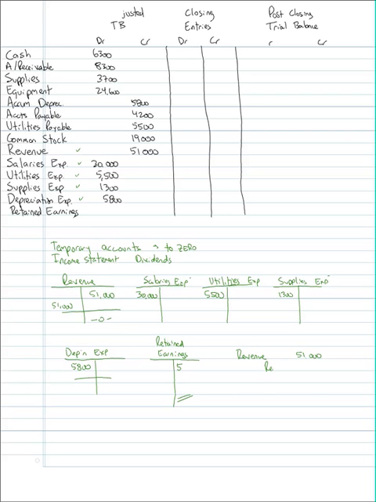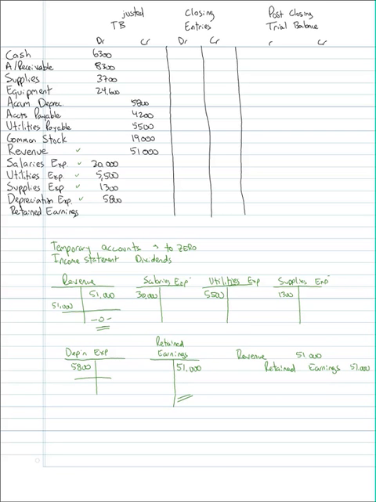We offset that with a $51,000 credit to retained earnings. We are moving the revenue that we earned out of the revenue account and putting it into the retained earnings account. Our revenue account sits at zero, and at the beginning of next year we are ready to start accumulating revenues into that account.